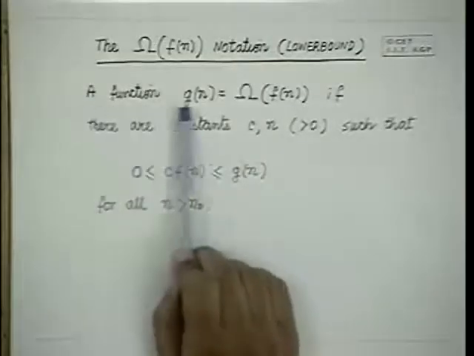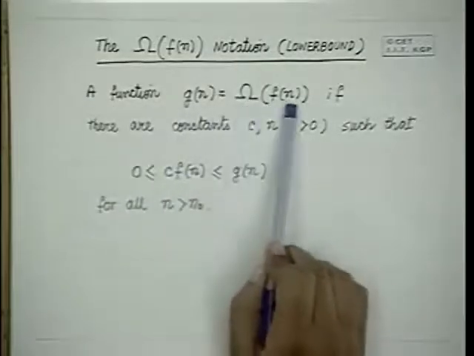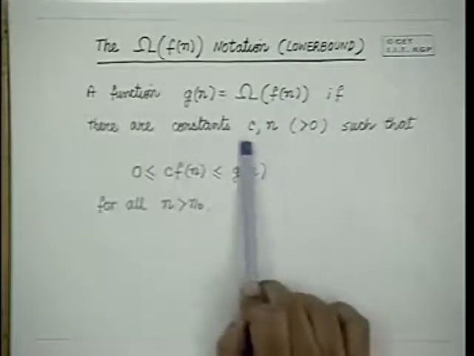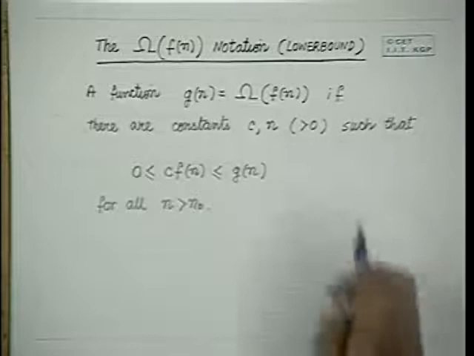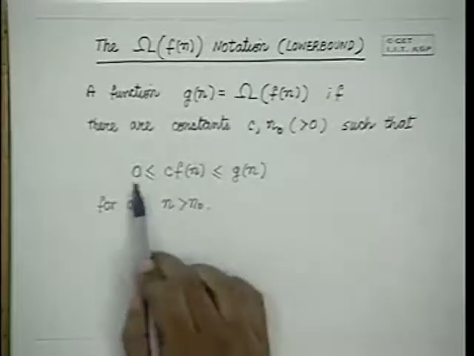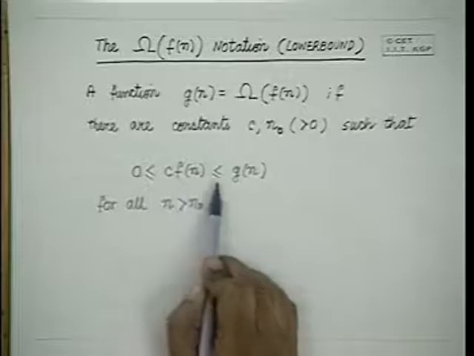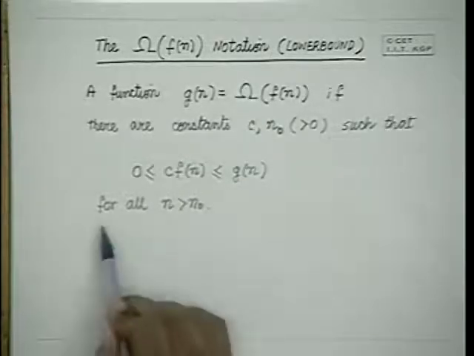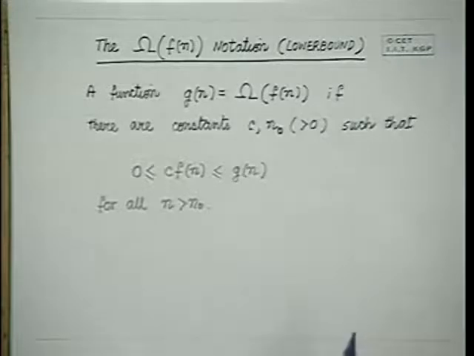the equivalent notation is a lower bounding function, which is just the reverse notation. A function Gn is lower bounded by another function Fn if there are positive constants c and n naught greater than 0, such that 0 less than or equal to c Fn less than or equal to Gn for all n greater than n0.